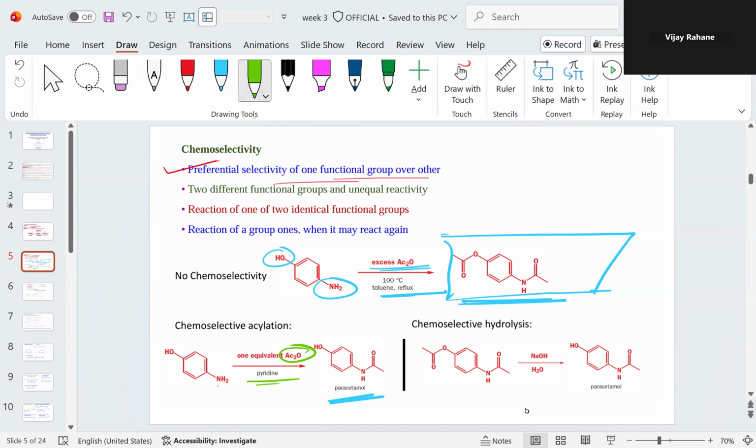In this case, this is the ester functional group, right? And the other is the amide functional group. So if you add NaOH, it chemoselectively hydrolyzes only the ester and leaves the amide functional group unaffected, and we selectively get paracetamol as a product. So this is the use of chemoselective reactions in the day-to-day life of the organic chemist.